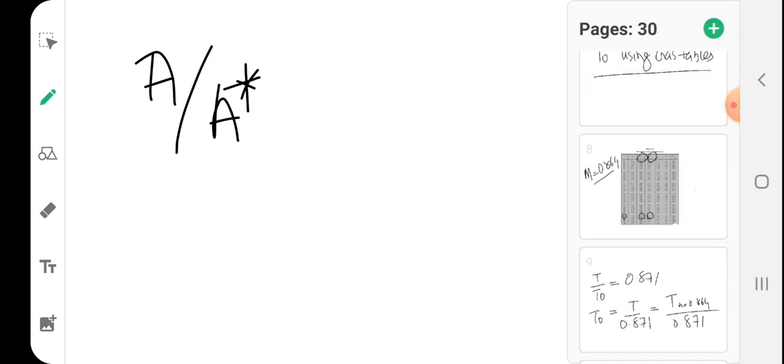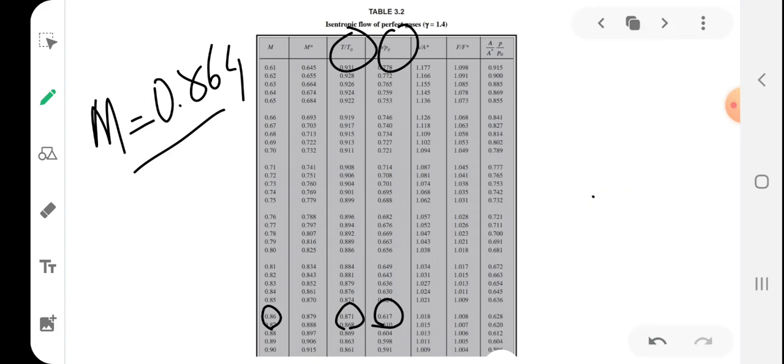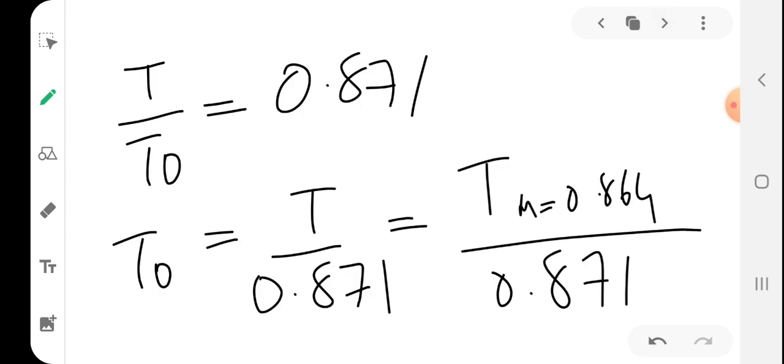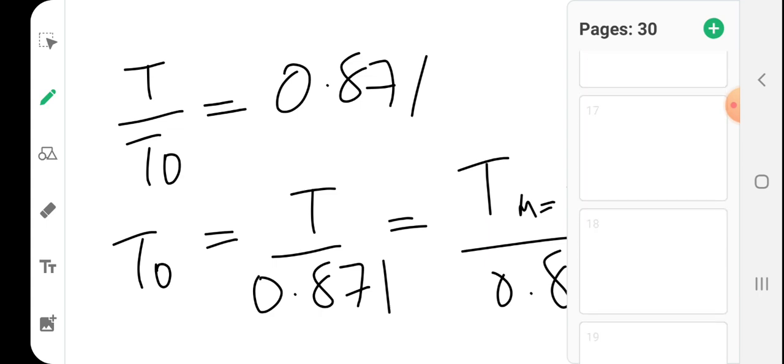In this gas table you can see a particular term called A by A star, and we have already derived the equation for A by A star, but you don't need to apply those equations. You directly obtain the value for A by A star from gas tables.